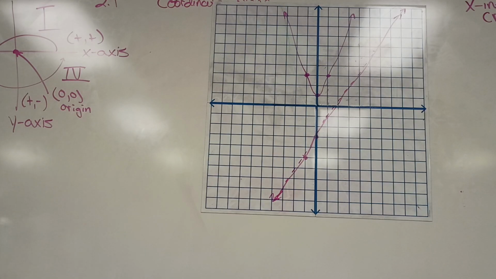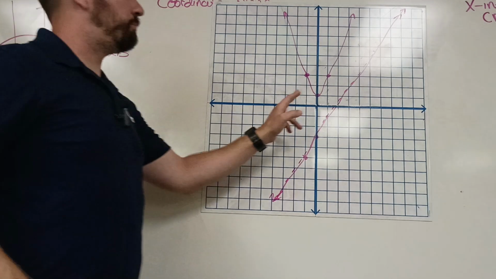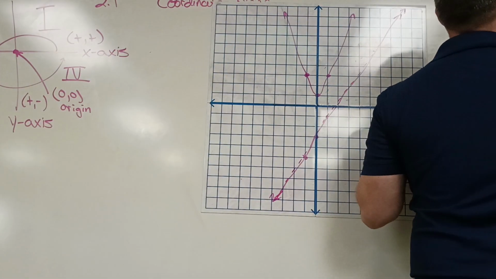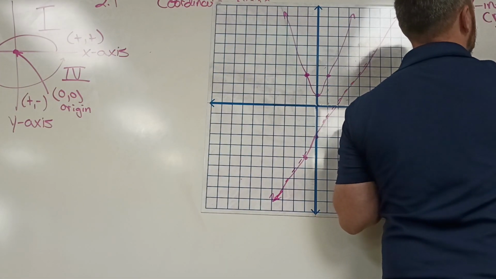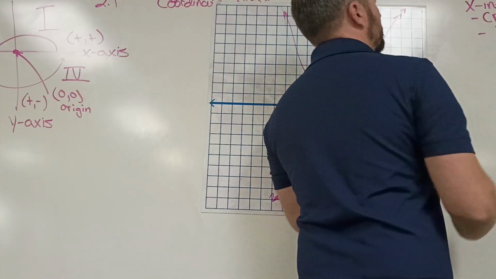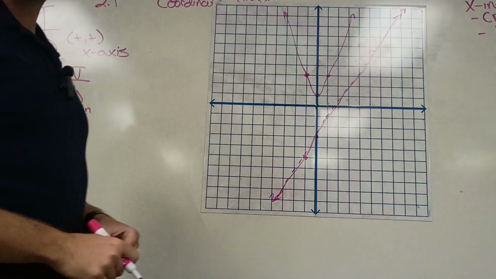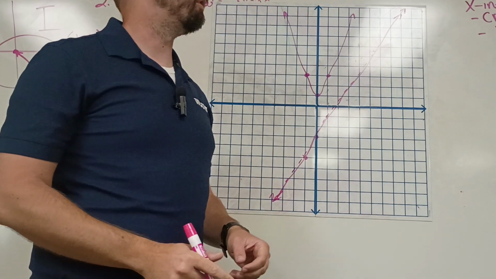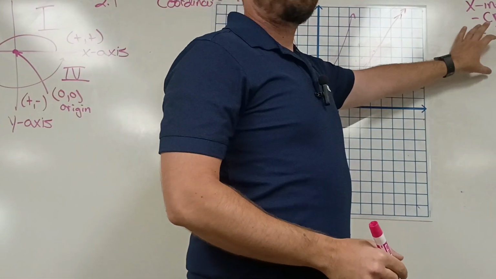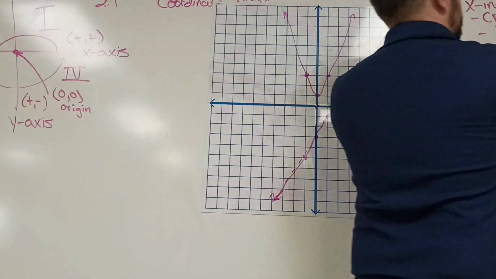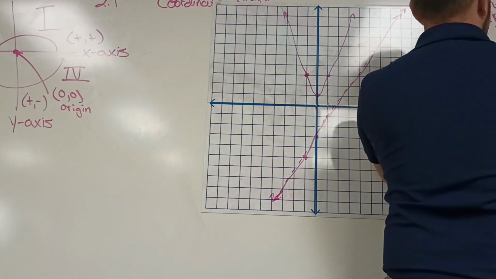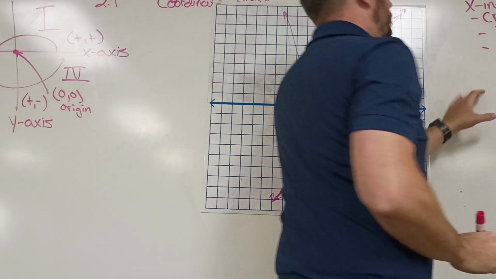Whatever. It could be anything, right? It could cross at any point on this axis. But what's your y value going to be? 0. Your y value is always 0 at your x-axis. And that's going to be how we find them, okay? So it's always going to be some point x, 0, always.